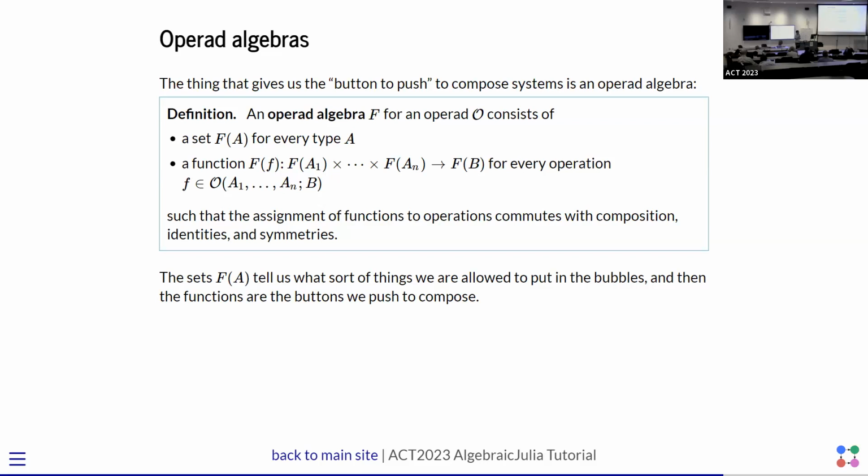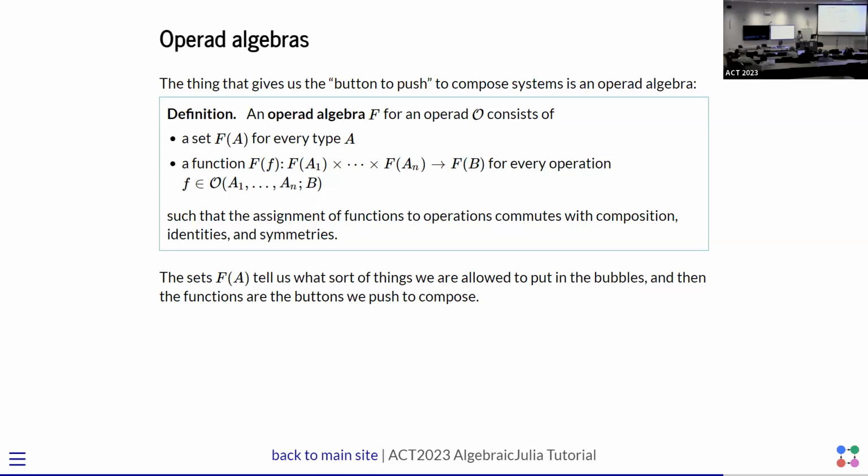So given any operad, an algebra for that assigns to every type in the operad a set. So those are like the set of things of that type. And then for every n-ary operation, it defines a function of n arguments that says how you perform that kind of composition.